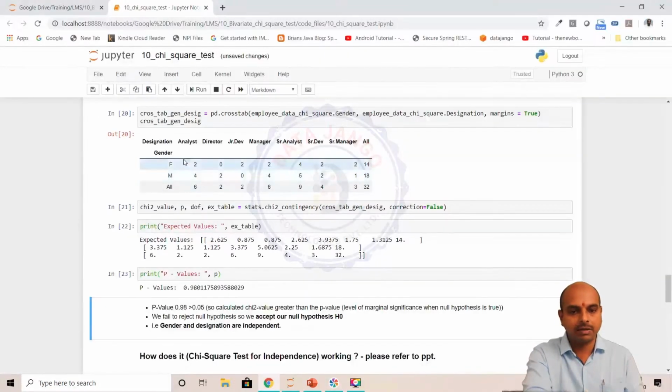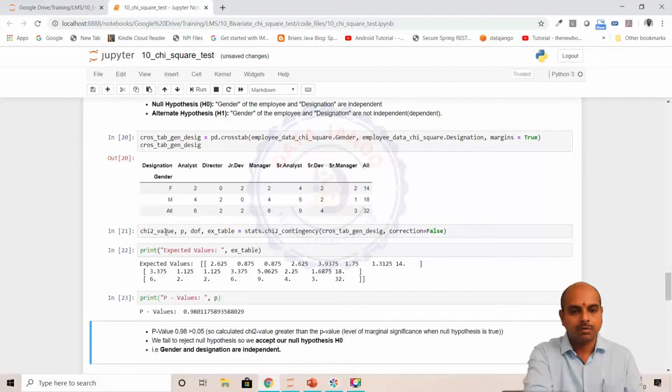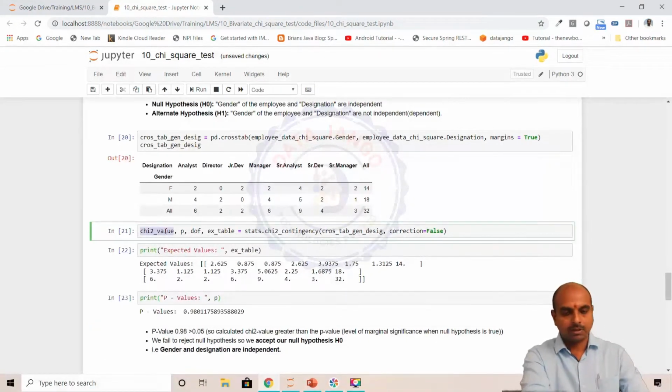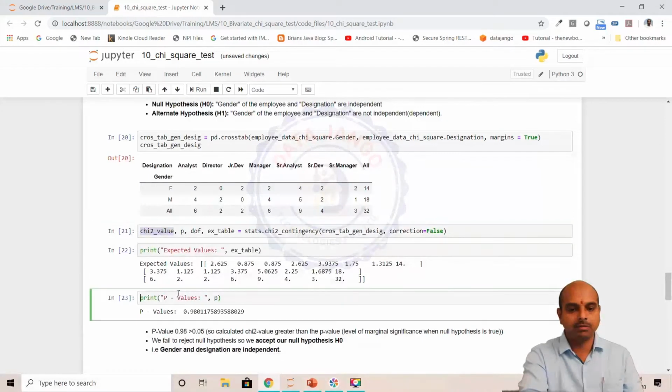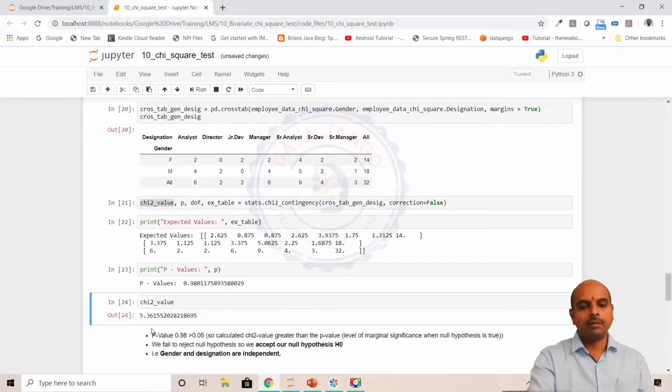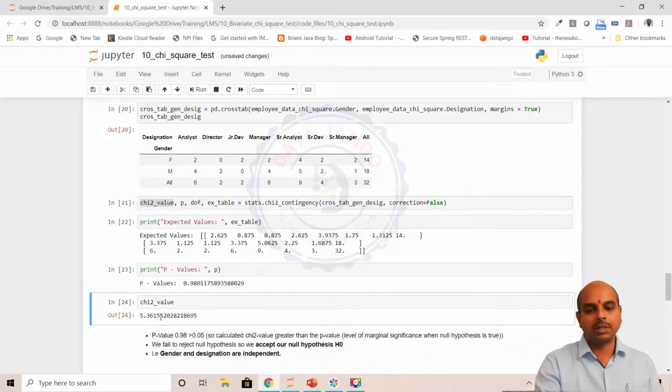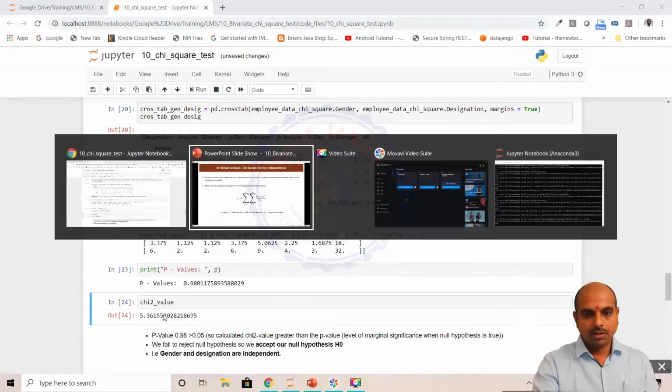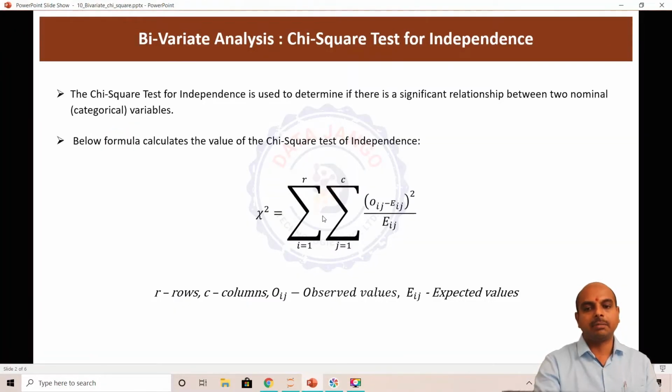This is the chi-square value it calculated. I did not print it, so let me print that. See that it is 5.36361. That's what it calculated. So this formula is calculated by the chi2 contingency method in the SciPy stats module.